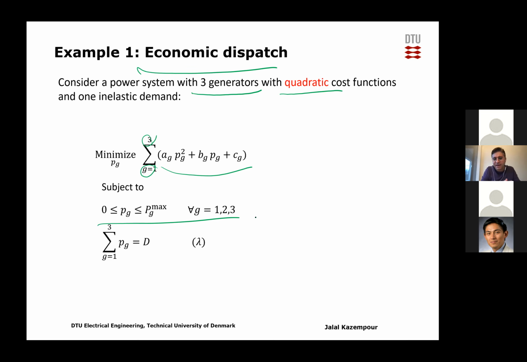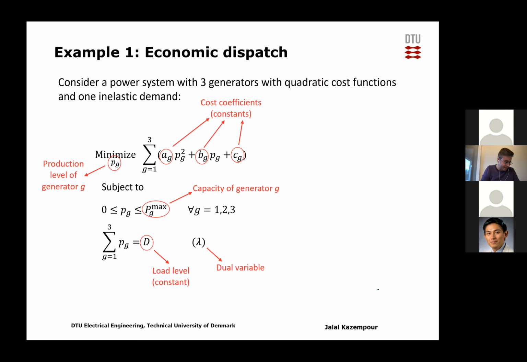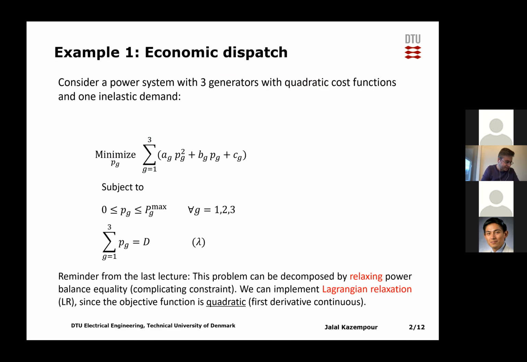And simply, we have a generation limit for the 3 generators and a power demand balance equality. And lambda is its dual variable.